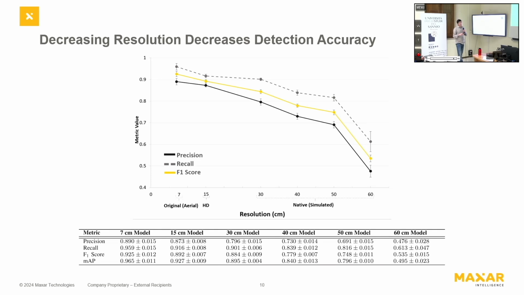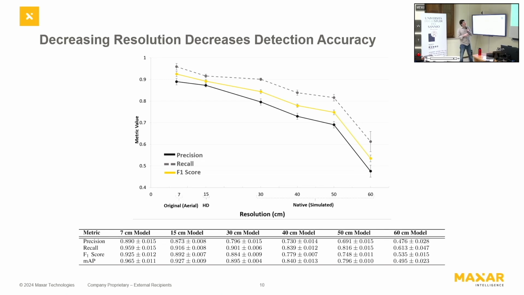Another interesting thing, which is something that Mercedes talked about on the first day, is that generally, HD images perform better than native resolution images. And what's kind of interesting here is that if you see this as a linear relation, the HD product is somewhere in between.